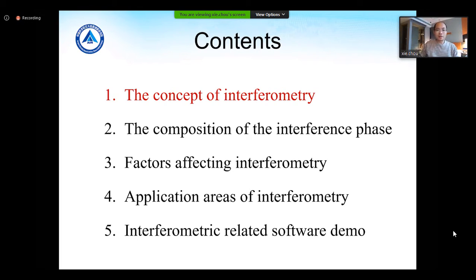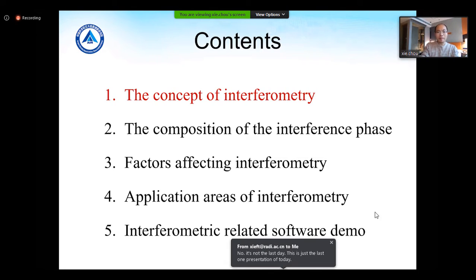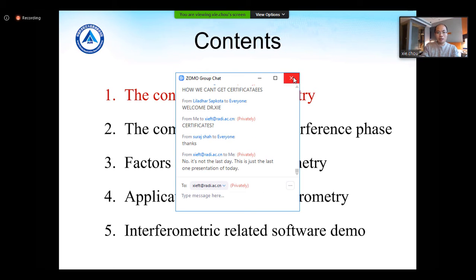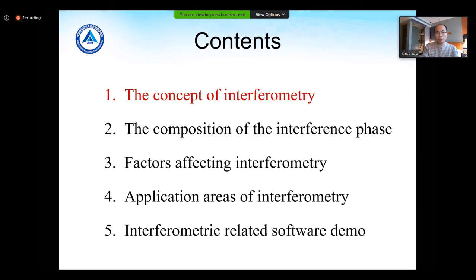After that, I would like to analyze the factors affecting interferometry. After that, I would like to show you some applications of interferometry. At last, I will give a short introduction about interferometric related software.